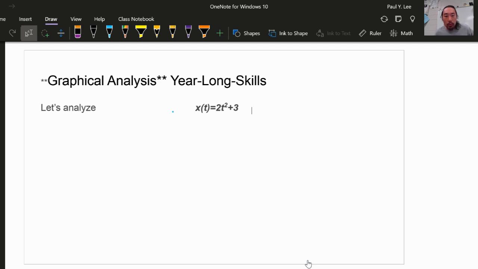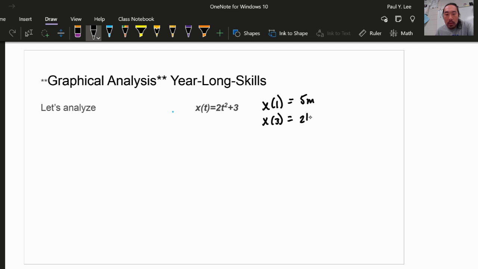Now, on the screen before you, you can see the same function that we used in the last video. This is the position of an object, 2t squared plus 3. This is just an object that is moving. And in the previous video, we found that at 1 second, we were at position 5 meters, and I believe we looked at position at 3 seconds.